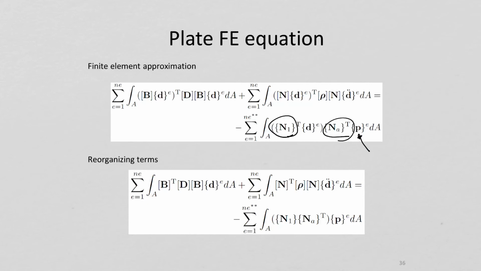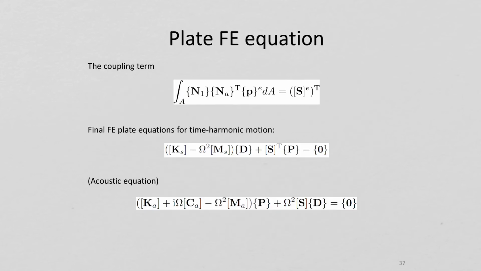on our plate. So going further, reorganizing terms, we can see that we end up with a coupling term, and the interesting thing is here actually that we get the same coupling matrix as we did before, and that shouldn't be surprising actually, because when we have these two effects, there are two sides of the same story.